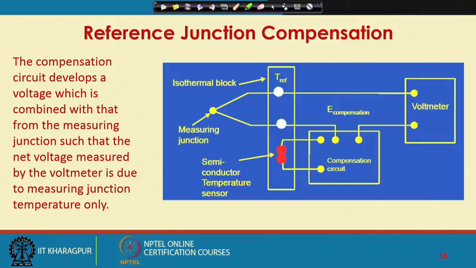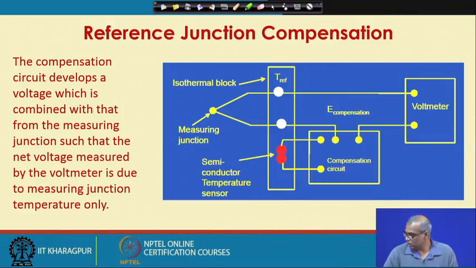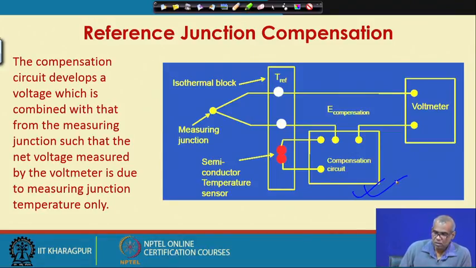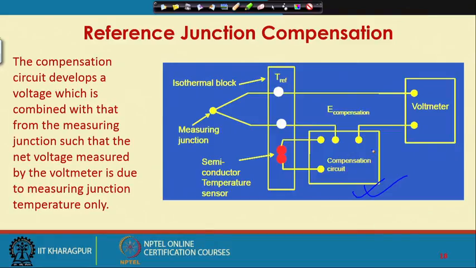So, whatever we said can also be automated using a microprocessor based device, or let us say using a computer. The compensation circuit is very simple. All it has to do is calculate the EMF produced when the two junctions are at the reference temperature and 0 degree Celsius.